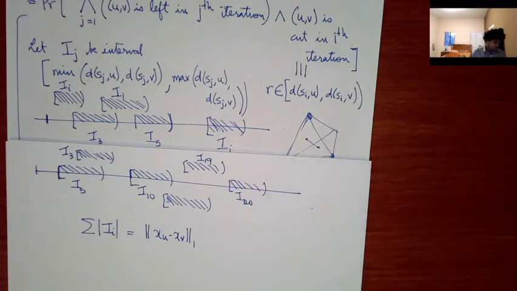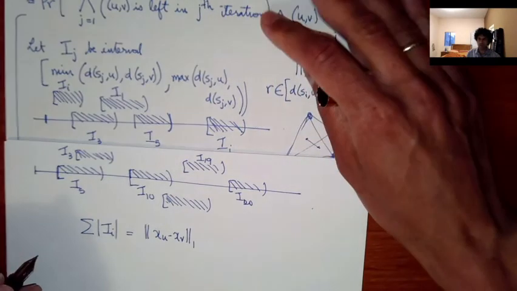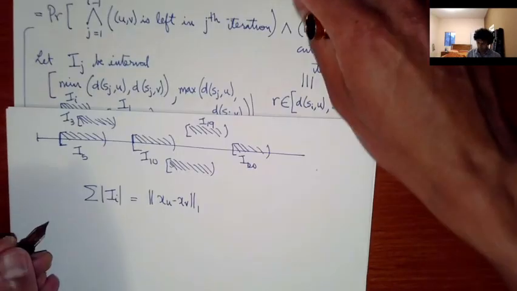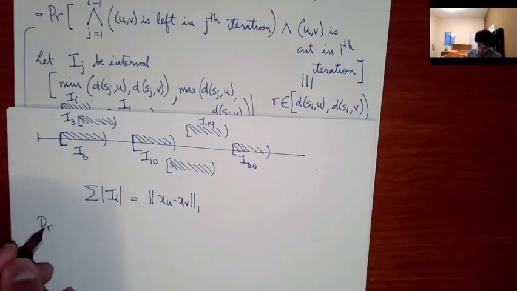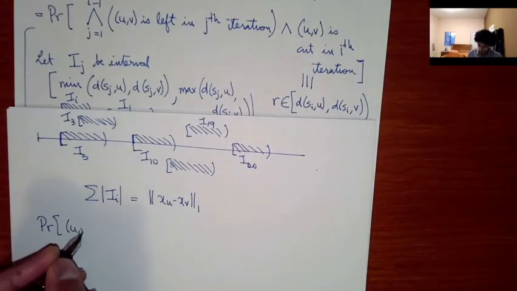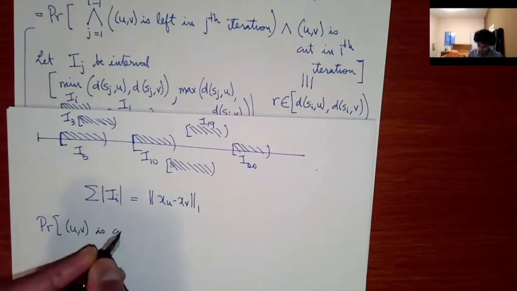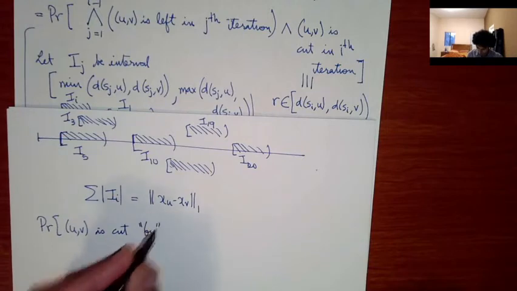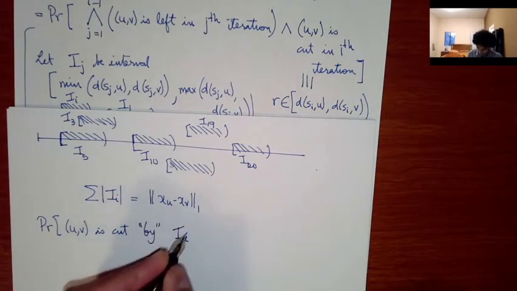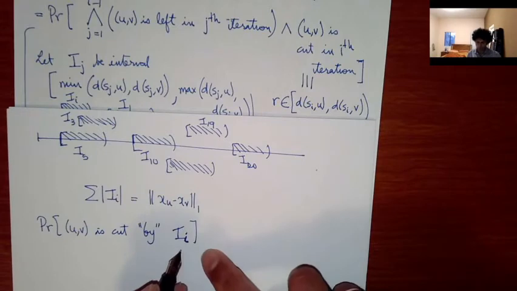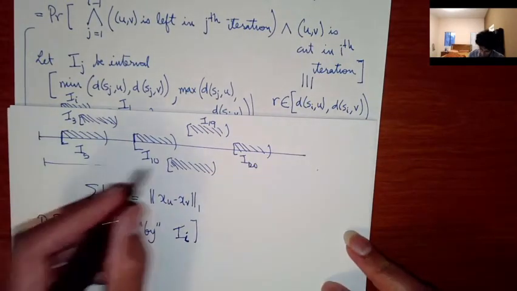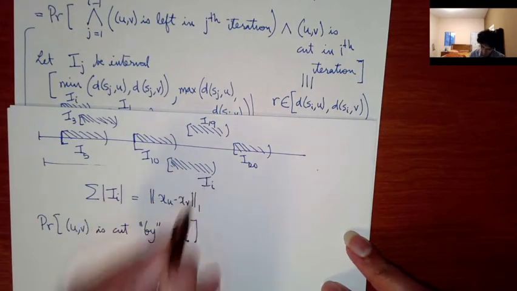So now, instead of asking the probability of cutting in the ith iteration, let me ask a different question. What is the probability that UV is cut by the ith interval? Fix an interval, say I_i. To do this analysis, I'll say I_L is the interval with the smallest left endpoint.